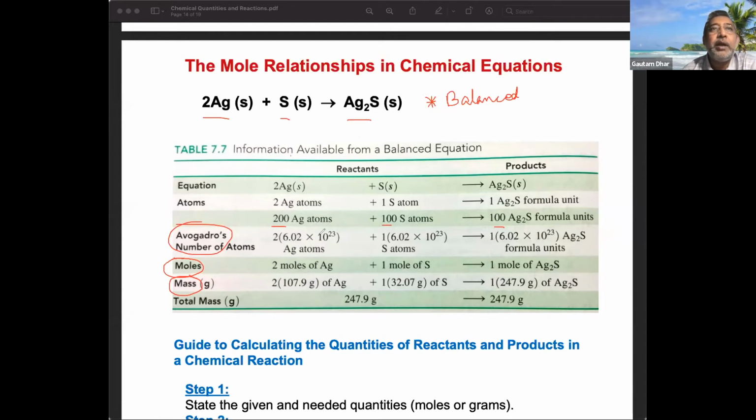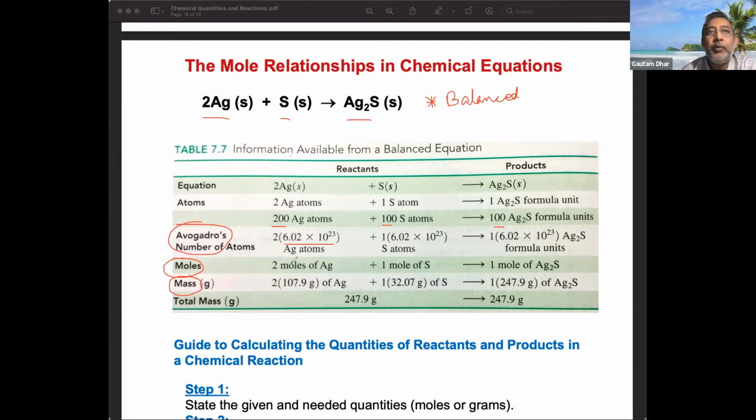If I multiply by Avogadro's number, then I'll say 2 multiplied by 6.02 times 10 to the power 23 silver atoms plus 1 multiplied by 6.02 times 10 to the power 23 sulfur atoms will give 1 multiplied by that many formula units. That's a little bit hard, so we just say mole. A mole is basically this count. So 2 moles of silver plus 1 mole of sulfur give 1 mole of Ag2S.